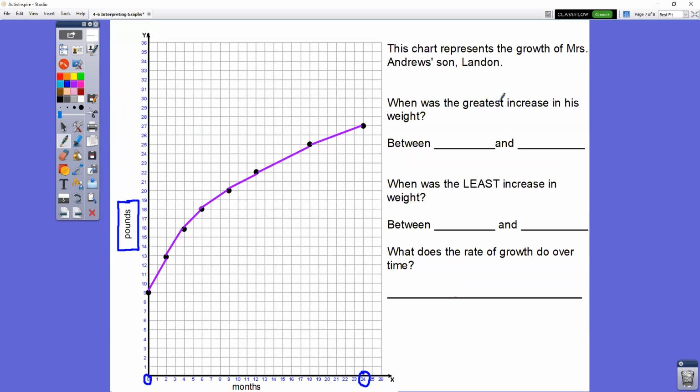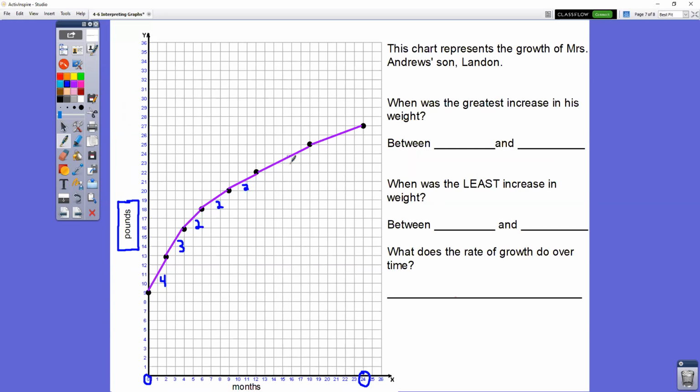So when was the greatest increase in his weight? Well, notice that this part from month 0 to month 2, he goes up by 4 pounds. From month 2 to month 4, he goes up 3 pounds. From month 4 to 6, he goes up 2 pounds. Here he goes up 2 pounds, 2 pounds.